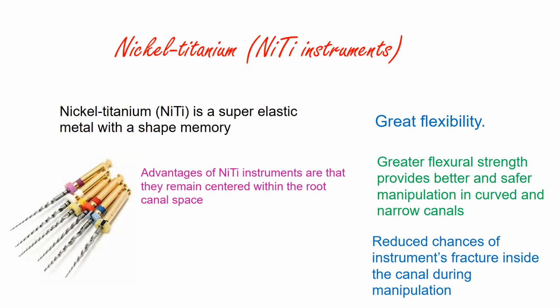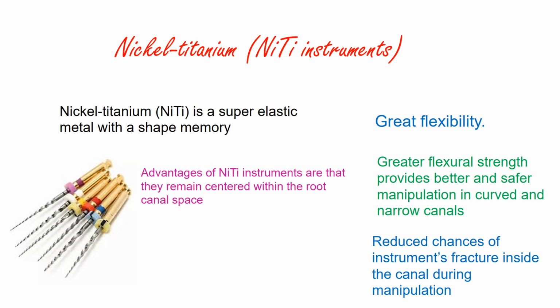And one of the biggest advantages of niti instruments is that while doing the root canal preparation, the files always remain centered within the canal, so there are very few chances of zipping or perforation or transportation. Then another advantage is greater flexibility, greater flexural strength, and they can easily be used in curved canals.